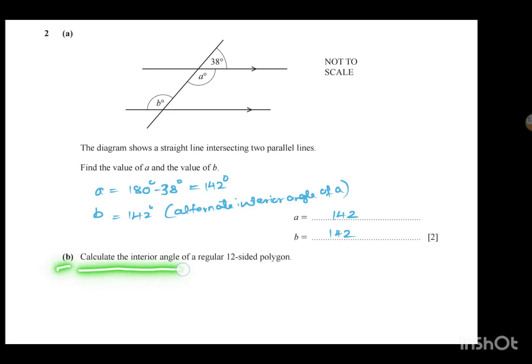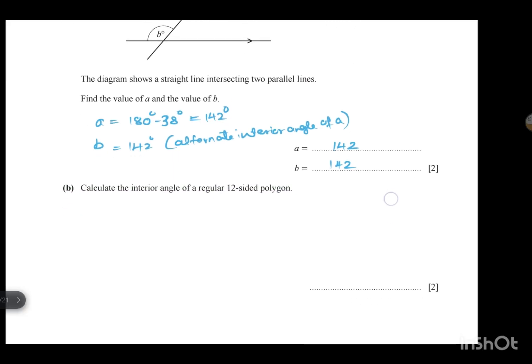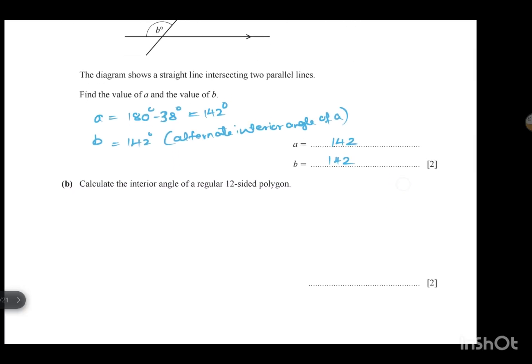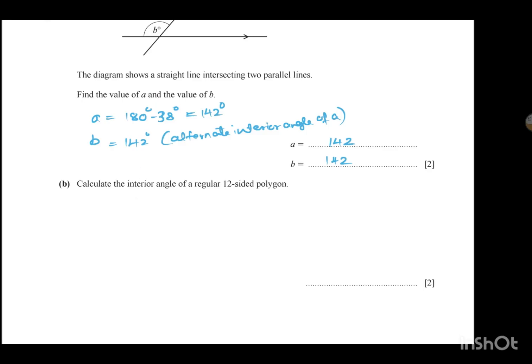B. Calculate the interior angle of a regular 12-sided polygon. Now for regular polygons having number of sides n, how to find out the interior angle? The rule is 360 minus, not 360, sorry, 180 minus 360 divided by the number of sides n.